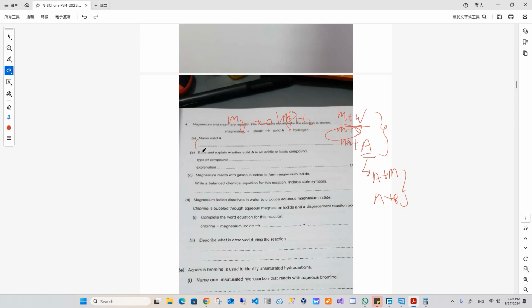State and explain whether solid A is an acidic or basic compound. Solid A is basic. Explanation: Group two is alkaline earth metal.